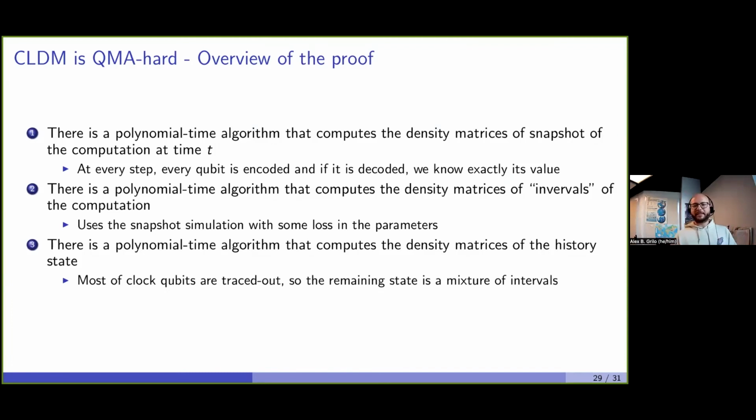So the key point is that we lift from the simulatable codes to simulation of snapshots of our QMA verification, and then we lift from this simulation of snapshots of the QMA computation to the simulation of the history state, and this gives us the QMA hard instance for the CLDM. Okay, I think it gets a bit more technical, so sorry about that. But this is the QMA hardness proof for CLDM.